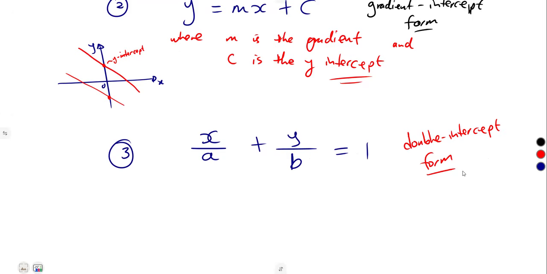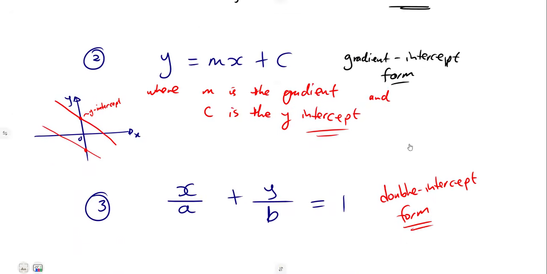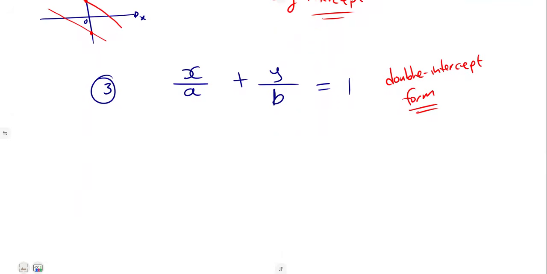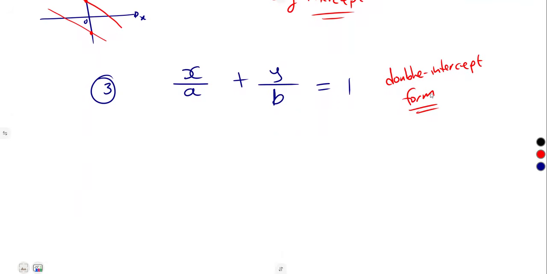In terms of drawing straight lines, we can use the double intercept form. I'm going to talk about that later on, but this can shortly be represented as the double intercept.